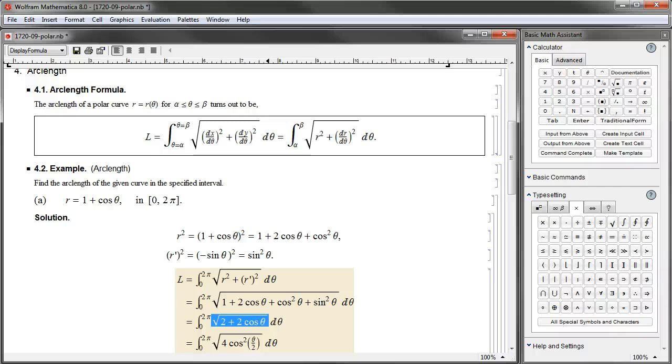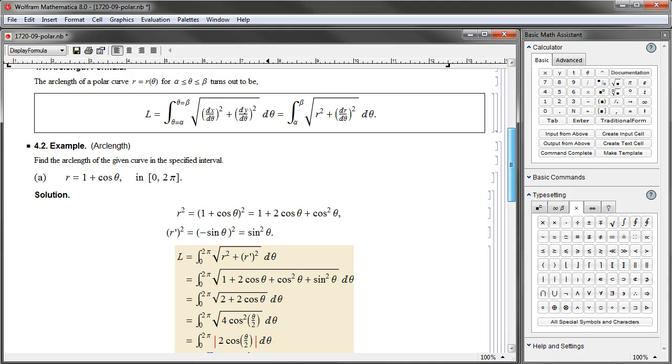This square root is equal to that square root. The second square root is superior because it is the square root of a square. The cosine squared and the square root outside will cancel each other out. The square root of 4 is 2, so we are going to get 2 cosine of half of theta, and we're going to need the absolute value.